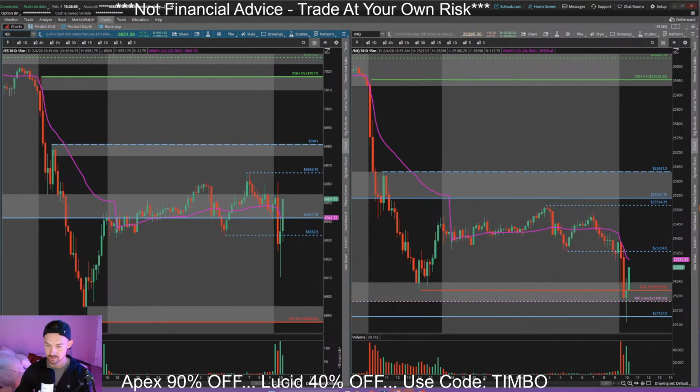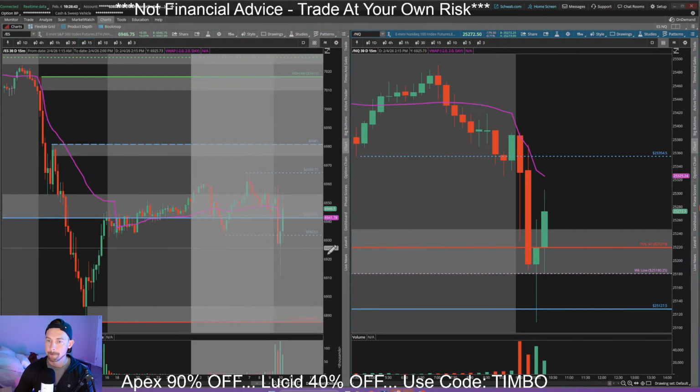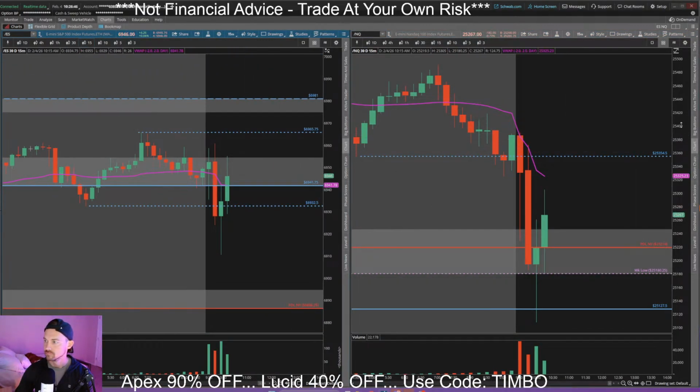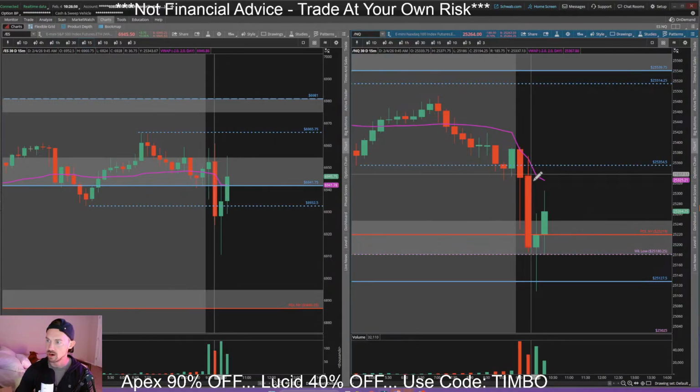Buyers are stepping back in. I'd want to see NQ kind of reclaim that VWAP in that 54 level for some longs.